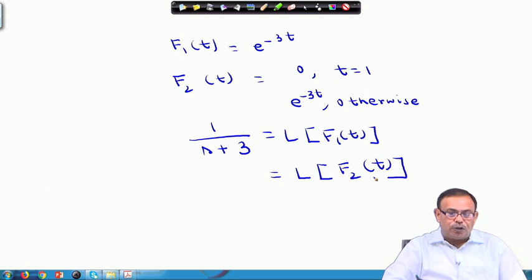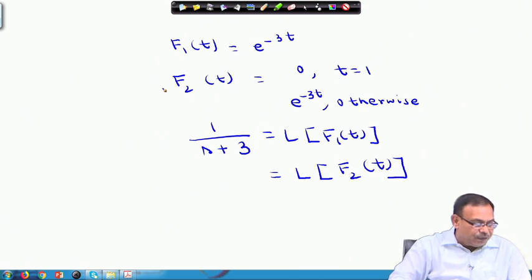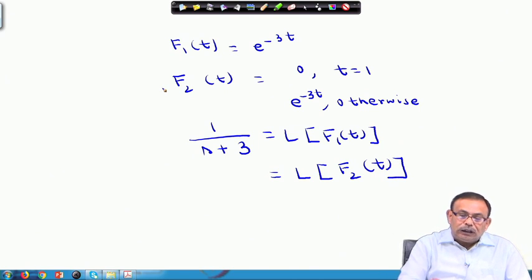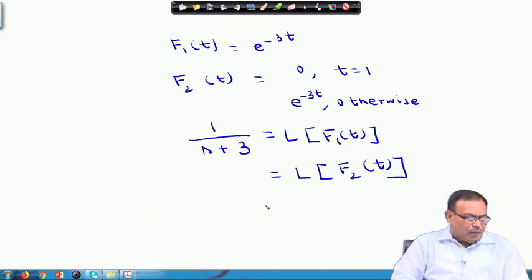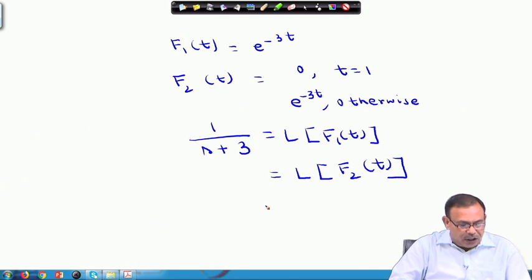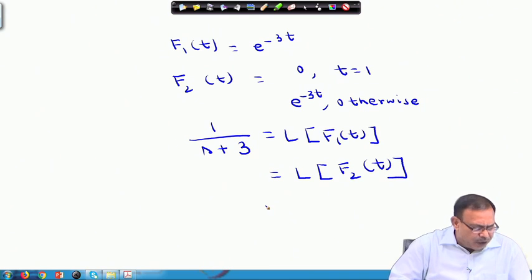So, please note this one, I am giving you two different functions, but the Laplace transform of both are the same. So, if we allow this, then the inverse Laplace transform will not be unique, otherwise it may be unique.